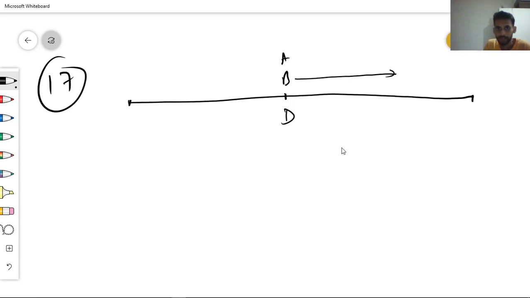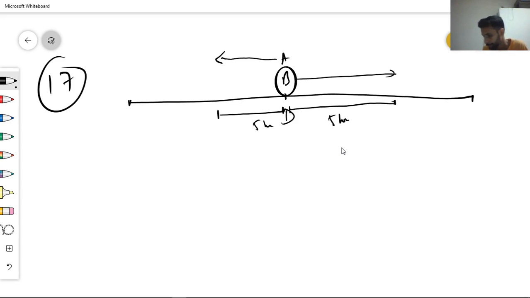B is going in this direction, A is going in this direction. So after 5 hours, let us say A travels this much distance and B travels this much distance. The time would be the same, but the distance would be greater because B has a higher speed.